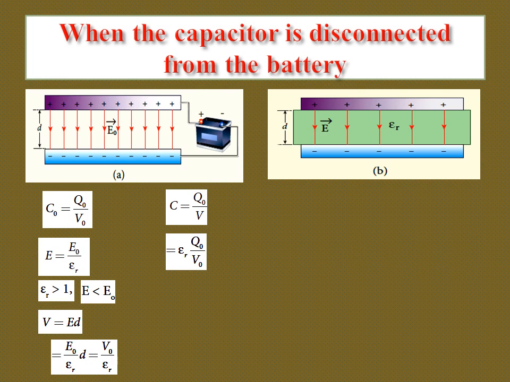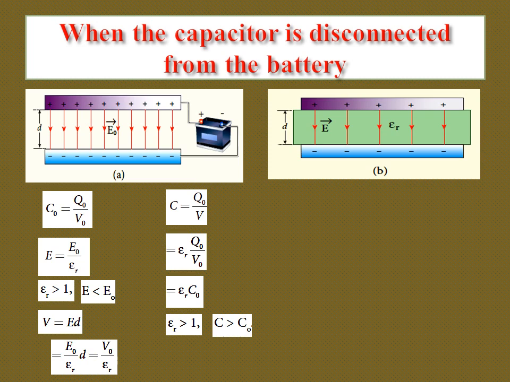On substituting, you get your value as epsilon r into Q0 by V0, or in simple words it is epsilon r into C0. Okay. Now again the condition is, since epsilon r is greater than 1, what happens to the capacitance? C will be greater than C0.